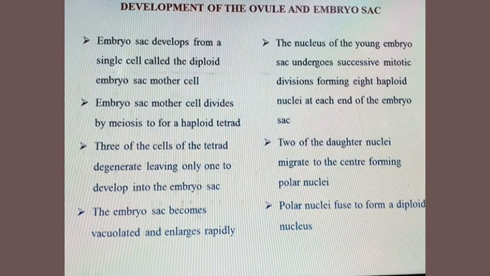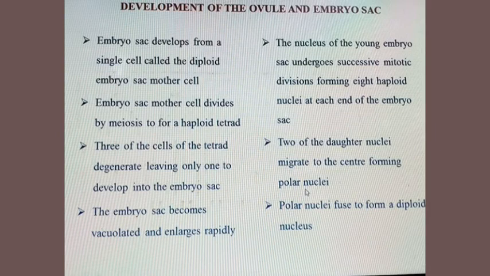This embryo sac becomes vacuolated and enlarges rapidly through growth. The nucleus of this immature embryo sac undergoes successive mitotic divisions, forming 8 haploid nuclei, 4 at each end of the embryo sac. 2 of these 8 nuclei migrate to the center to form the polar nuclei.